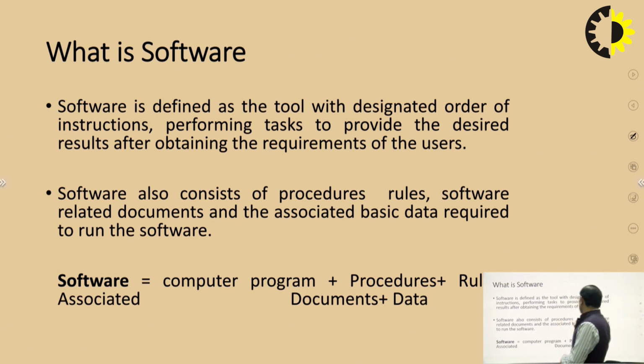It also consists of procedures, rules, related documents, and associated basic data required to run the software. We can conclude it is a computer program which has some procedures, rules, documents and some data we require. The combination of all this we conclude as software.